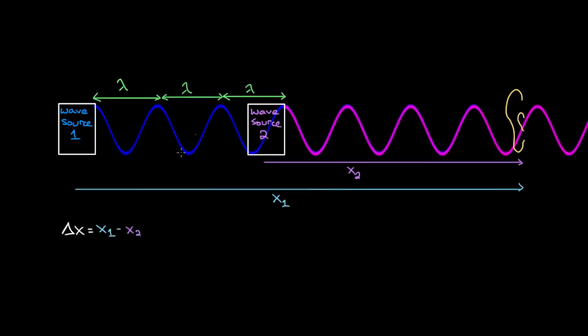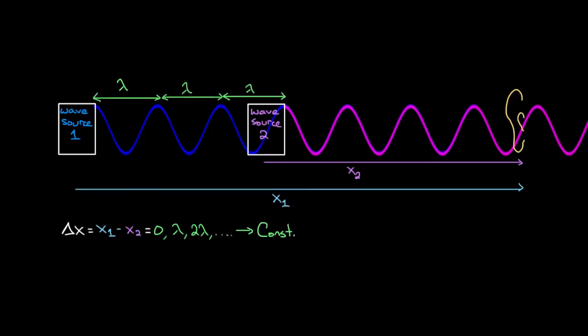And given what we saw up here, if this path length difference is ever equal to an integer number of wavelengths: if it was 0, when they were right next to each other, you got constructive. When this difference is equal to 1 wavelength, we also got constructive. When it was 2 wavelengths, we got constructive. It turns out any integer wavelength gives us constructive.